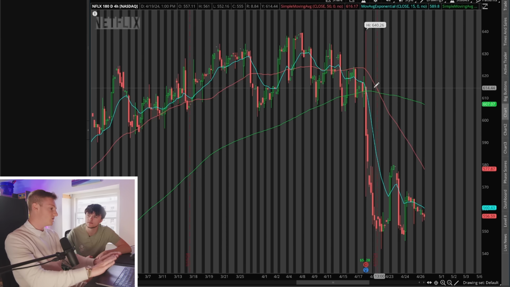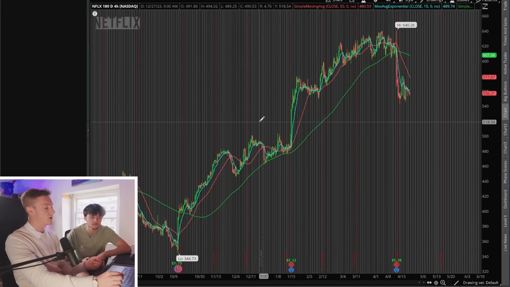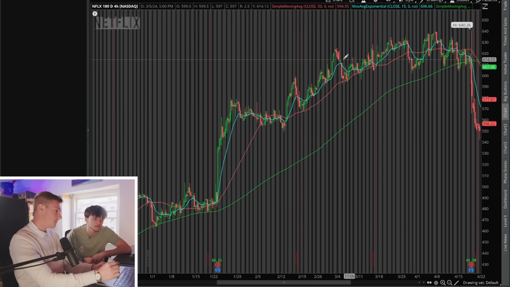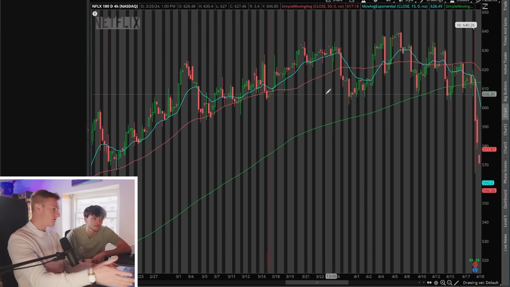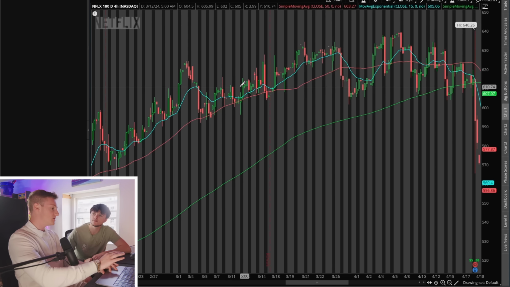I don't want to get into too much depth, but just know that these moving averages are going to be what I like to call reference points. These are going to be our reference points when we're looking at this chart. And we can look at these 4-hour candles, and in correlation to where these candles are, where are these moving averages?